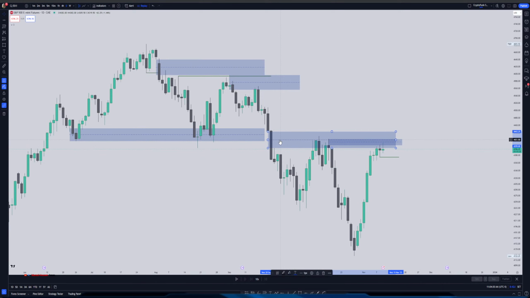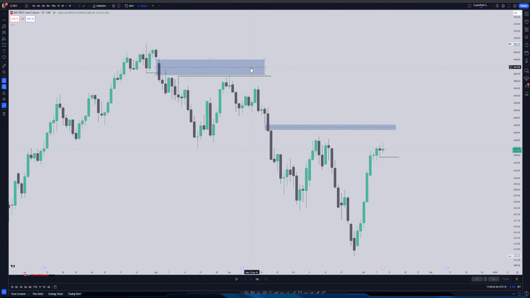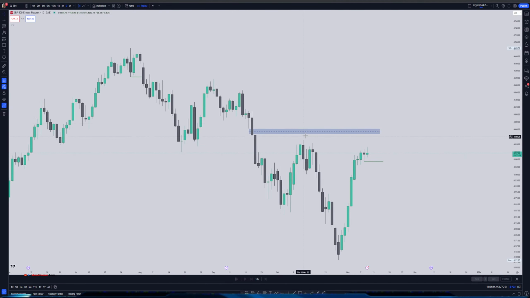Also, as you can see, price took all the liquidity from the left, from this fair value, but it never came and rebalanced this fair value or refilled this fair value. Okay, so let me remove all other fair values that I'm marking or areas. This is the fair value that price never came to. It came to this fair value, it still has some open area like this. Okay, it still has this much of the fair value open.